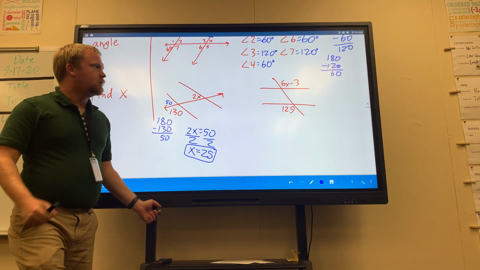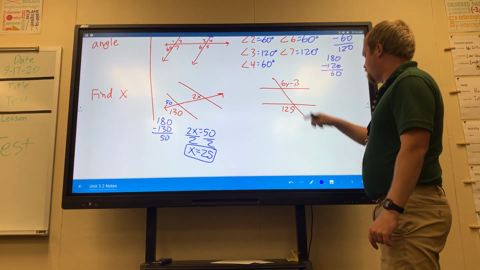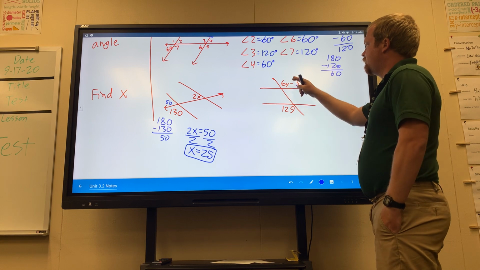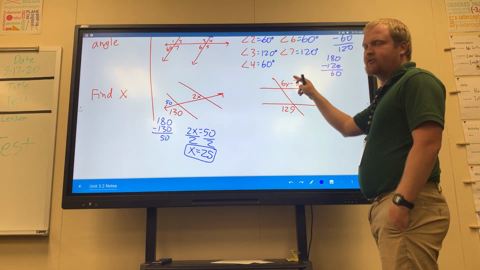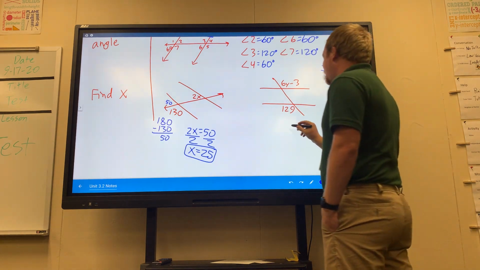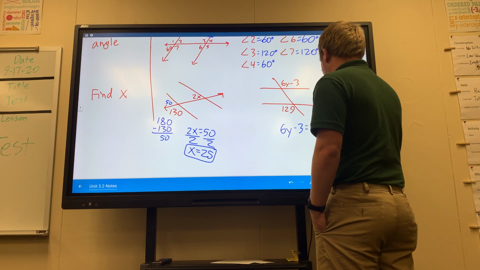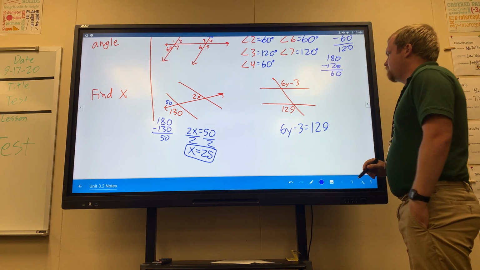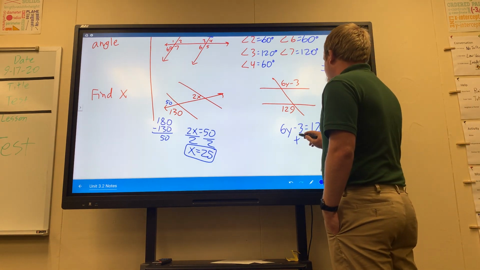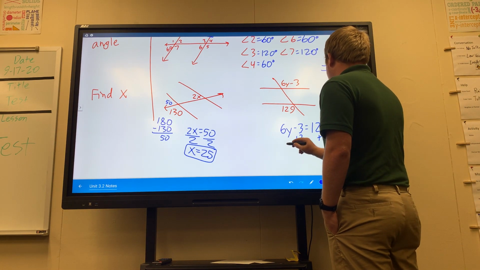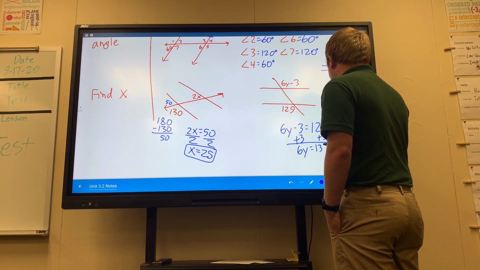Okay? Now, if I have these two angles right here, these are alternate exterior angles. So I know that they're going to be equal. So I gotta add 3 to both sides. 6y equals 132.